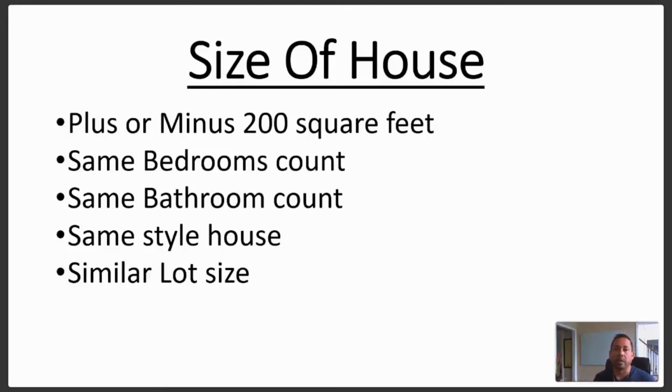That's what they're always doing. And they'll do that with a lot of things, even the square footage. They'll say, all right, this one is 200 square feet bigger, so let's take off the price per square foot, however they figure out what the price per square foot would be.